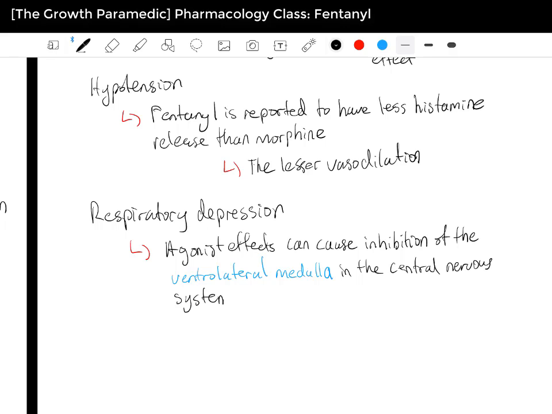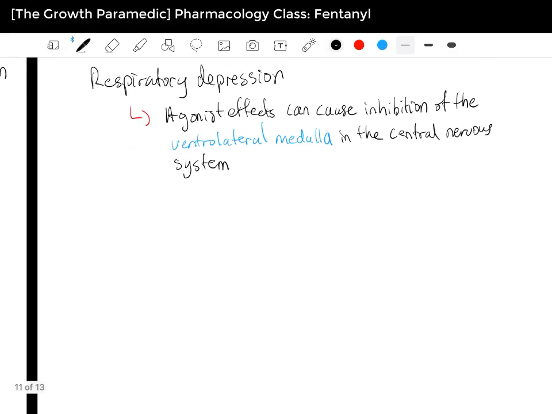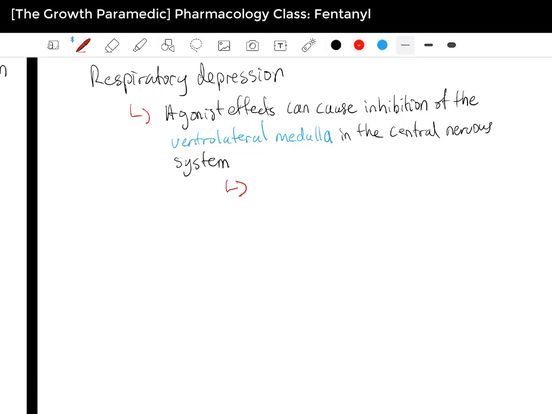And why is that important, and why did I mention that? Well, that results in depressed respiratory generation.